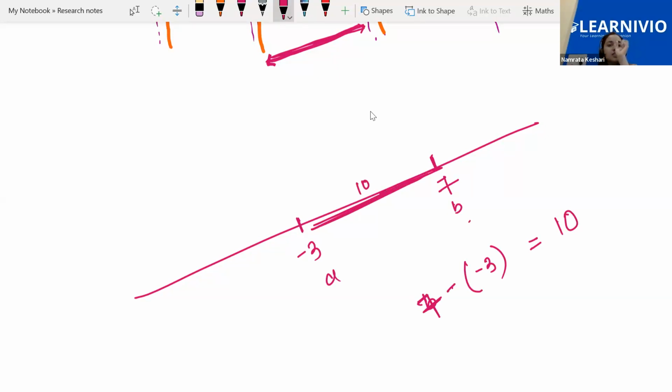If you maintain 1 centimeter, that is 0 to 1 centimeter, 1 to 2 is 1 centimeter, 2 to 3 is 1 centimeter, and you have located the points accurately, then it will come out as 10 centimeters.